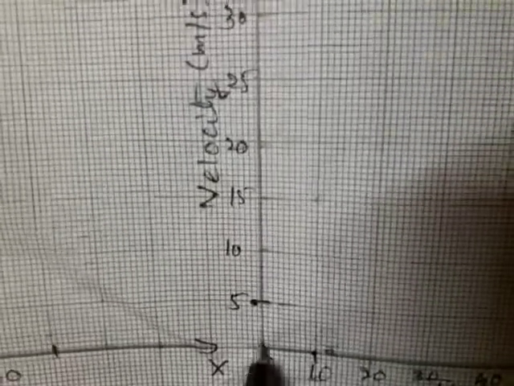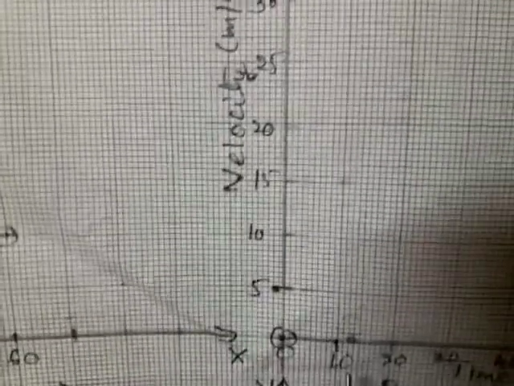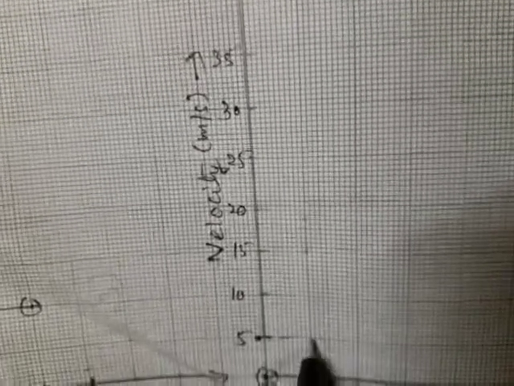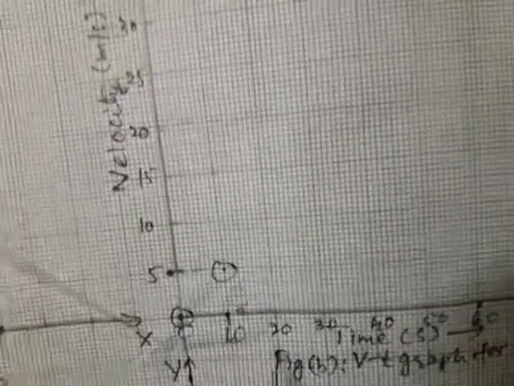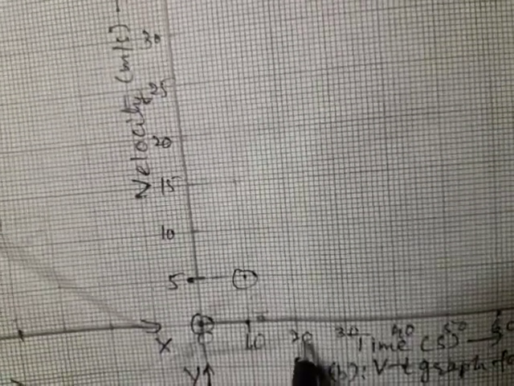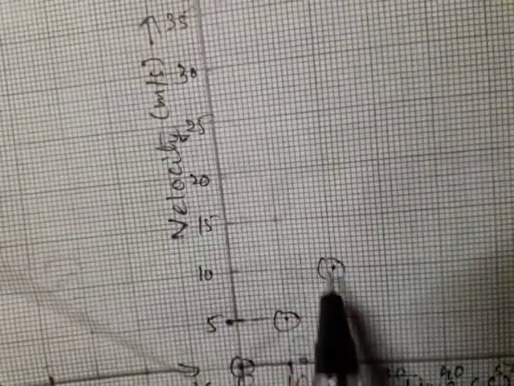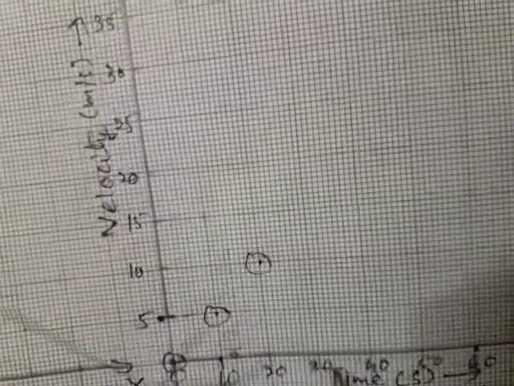For time 0, the velocity is 0, so the first point is at the origin. After 10 seconds, the velocity is 5, so this point is here. After the 20th second, the velocity is 10, so it will be here. After the 30th second, the velocity is 15, so the point will be here.